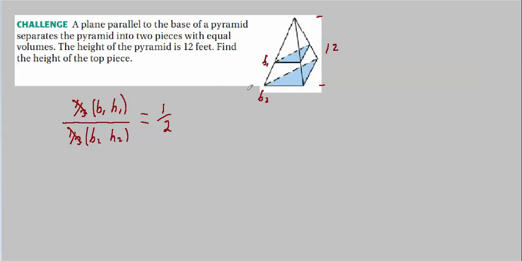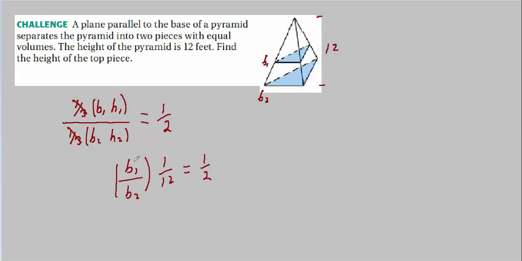Well, we can replace h2 with 12, and we can write this as b1 over b2 times 1 over 12 equals 1/2.